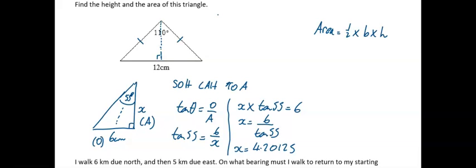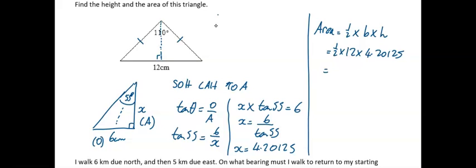So remember, our formula for the area of a triangle is a half times the base times the height. Okay, and we now know our height is 4.20125. So let's fill in what we know. It's a half times the base. The base of the whole triangle was 12. The height of the triangle we now have worked out as 4.20125. So let's just do that on our calculators.